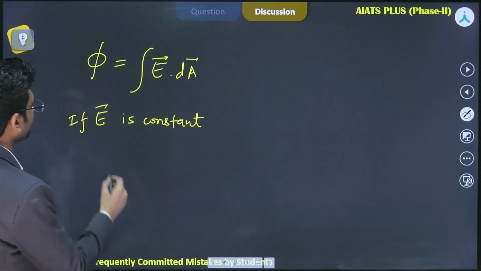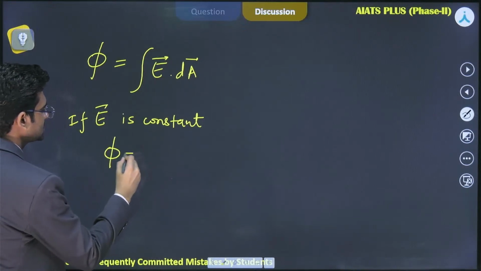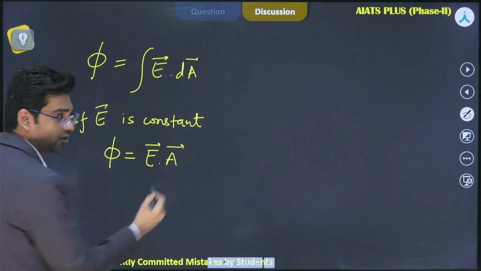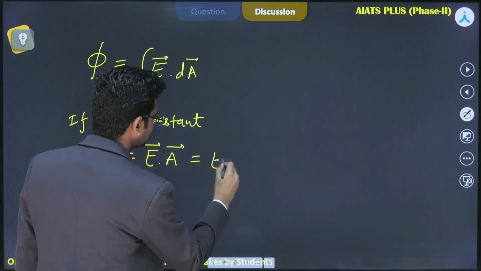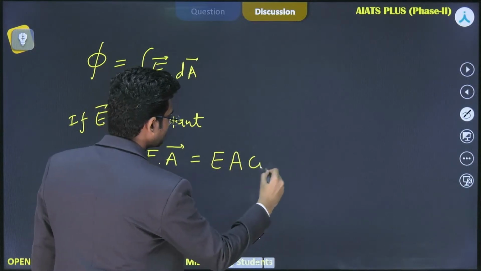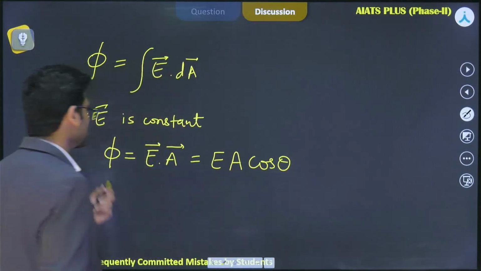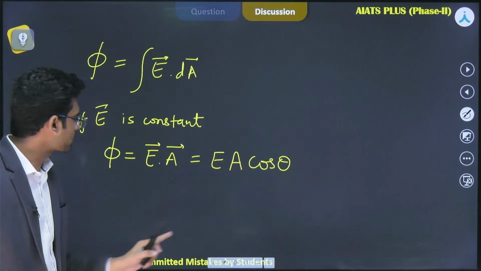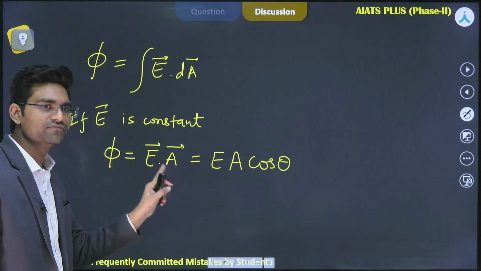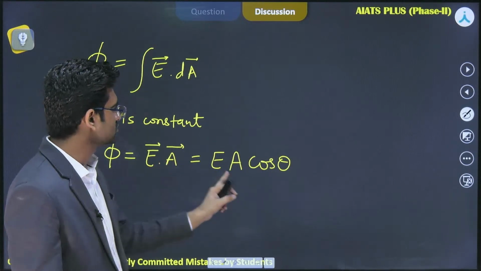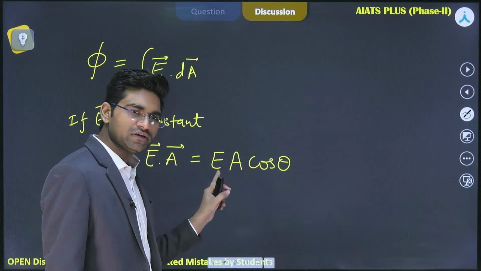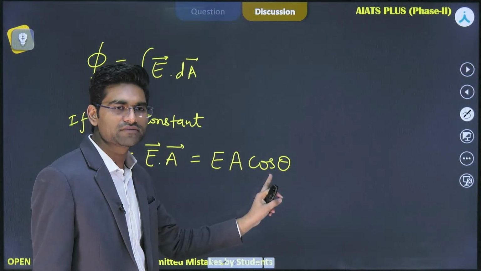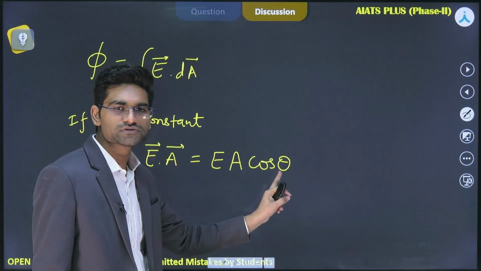So we can write phi is equal to directly E dot A vector, or we can also write EA cos theta. So if electric field is constant, we can use these two forms of the formula. One is E vector dot A vector if the vectors are given, and also we can write the magnitude of electric field, magnitude of area, and the angle between these two vectors.